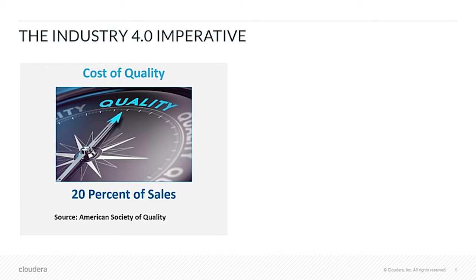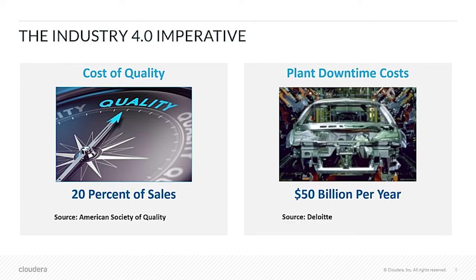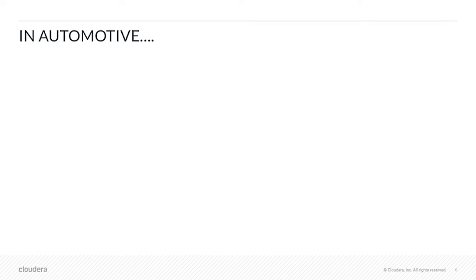So anything you can do to use these new technologies to impact that is what's important, right? The other thing that's important is plant downtime. If a plant goes down because a piece of equipment goes down, that costs manufacturers roughly $50 billion a year, according to Deloitte. When you look at the automotive industry, it's even more interesting, right?